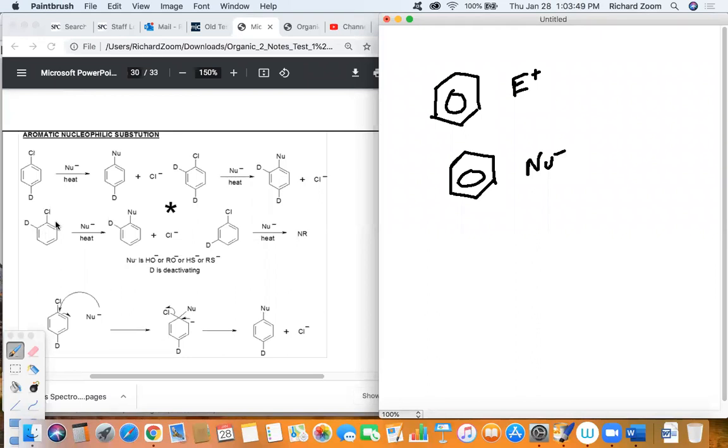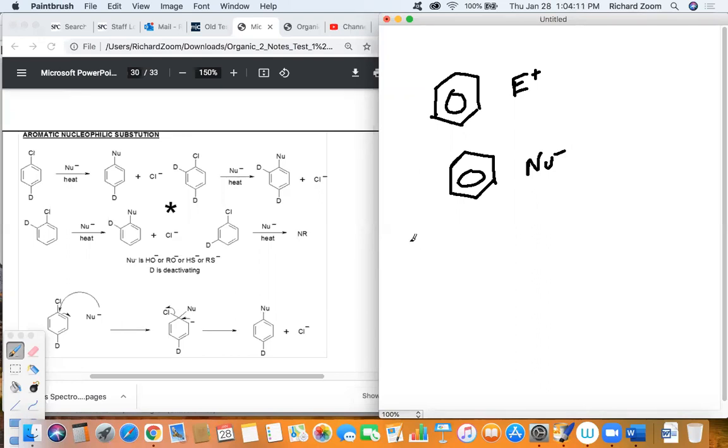So we also need the chlorine here as a leaving group, Cl-, and that's in that way we can get this to occur. Without the Cl, it certainly won't occur. And then we also need to have a strong nucleophile and deactivating groups in the ortho and para positions.